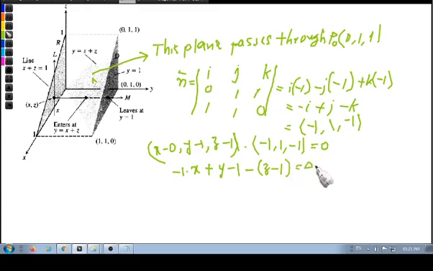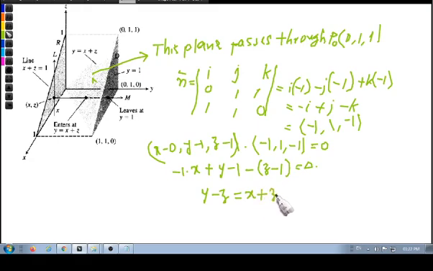equal to 0. Simplifying this, what will I get? Here I have minus 1 and another plus 1, so they cancel each other. So you have y minus z equal to x, or y is equal to x plus z.